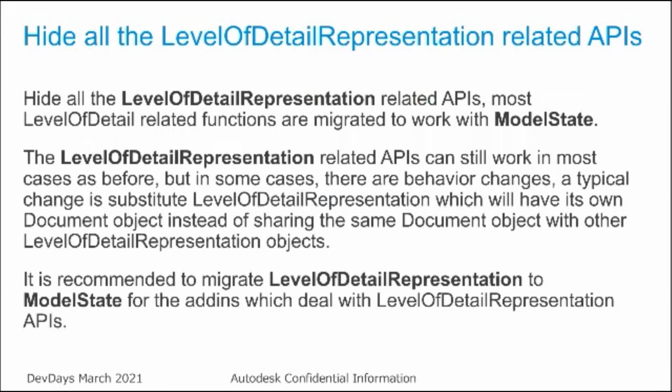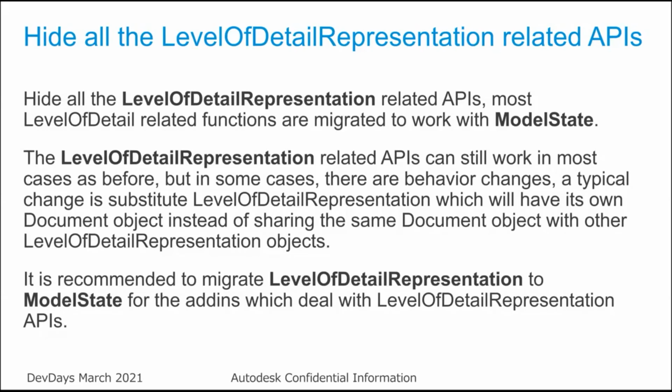A typical change is that a substitute level of detail representation will have its own document object instead of sharing the same document object with other level of detail representation objects. We highly recommend migrating from the level of detail representation object to model state for your add-ins which deal with the level of detail representation APIs.